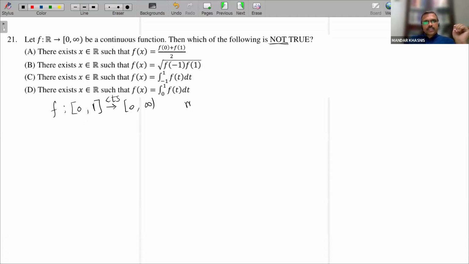So f is bounded: m ≤ f(x) ≤ M, the infimum and supremum. In fact, m can be replaced by f(p) ≤ f(x) ≤ f(q) for some p and q in [0,1].